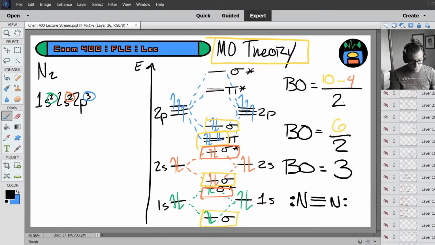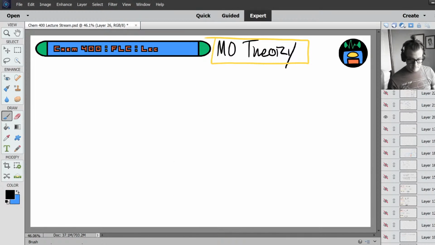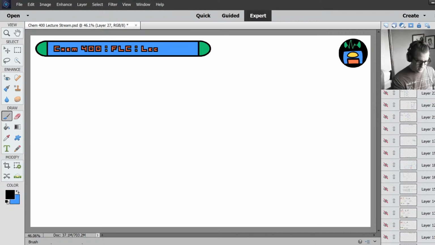We do have one shining example, though, that is Gen Chem appropriate, that shows you how molecular orbital theory describes something that Lewis theory cannot. All right? And that is where our example of O2 comes in. Let's talk for a minute about dioxygen.